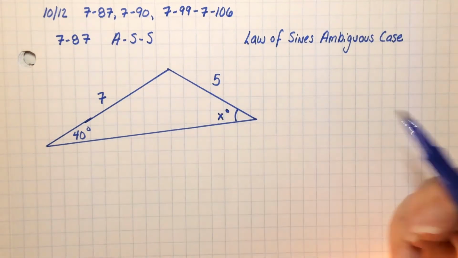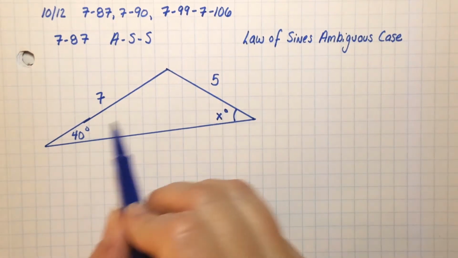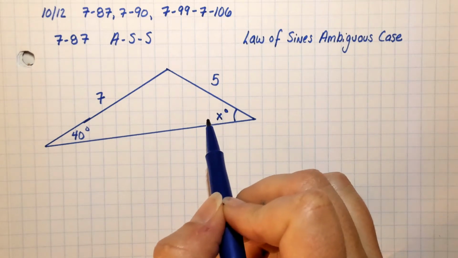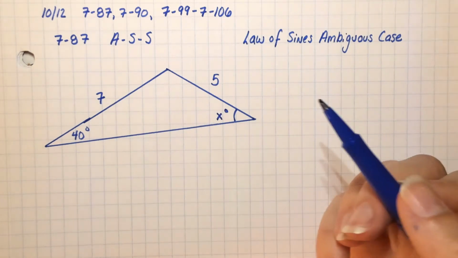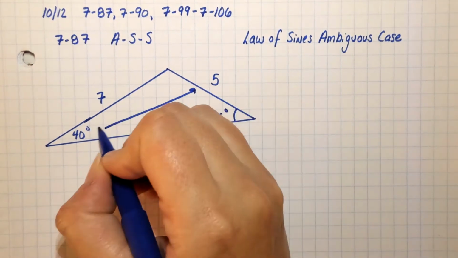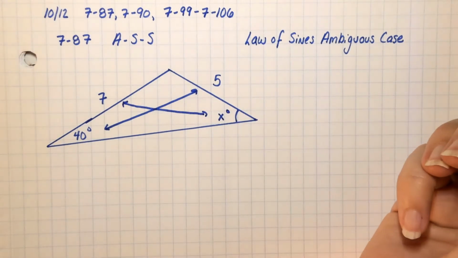Now this looks like a pretty harmless law of sines problem. I have an angle and a side across, and a labeled angle, but it's x, and a side across. So I'm going to do the law of sines. These two are going to get paired up. These two are going to get paired up.